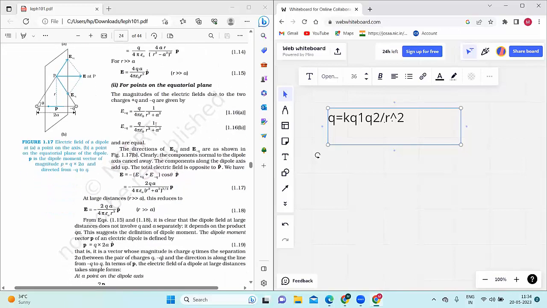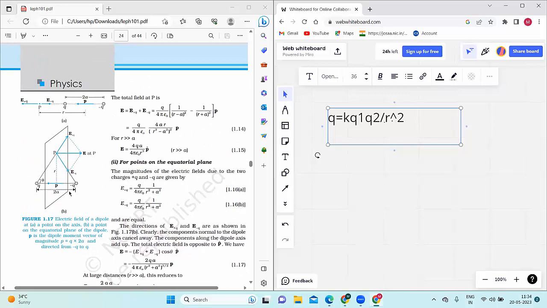As the distance between the two charges is very small, r is much greater than a, so we will approximate this expression into this form. We will neglect a squared with respect to r. So we finally get E equal to 4qa by 4π ε0 r³. It is the magnitude of the electric field parallel to the dipole at a distance r.